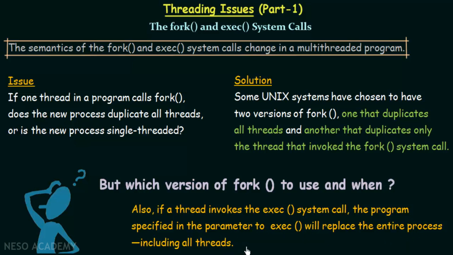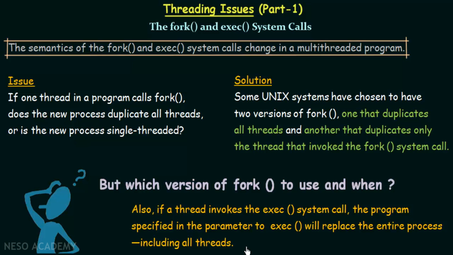So let's say that we again have a process consisting of a number of threads and one of the threads invokes an exec system call. We know the function of the exec system call. It is to replace the contents of a process with another process that is passed as a parameter in the exec system call. So when a thread invokes the exec system call, what will happen?